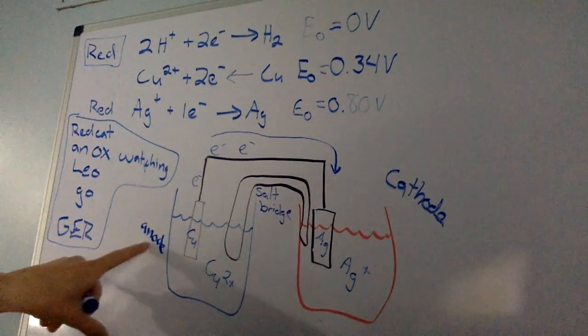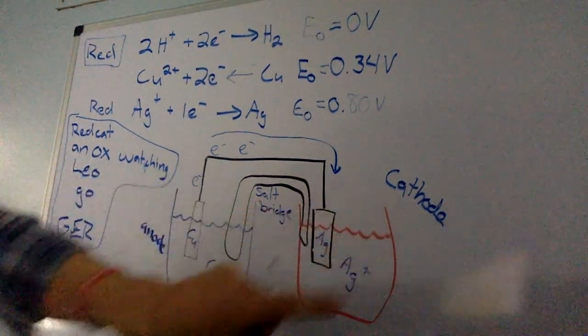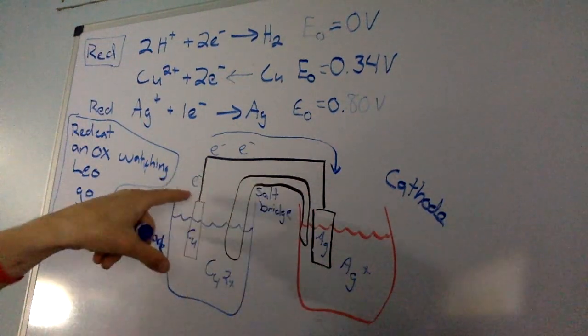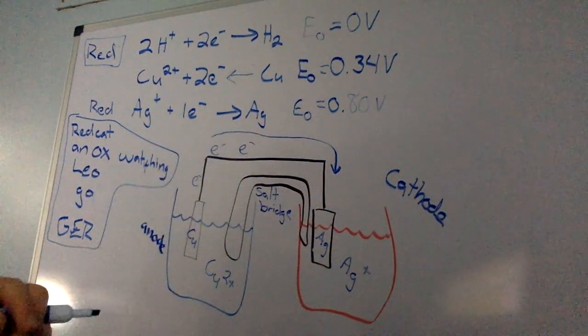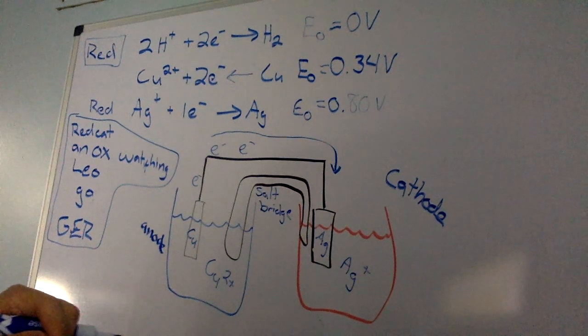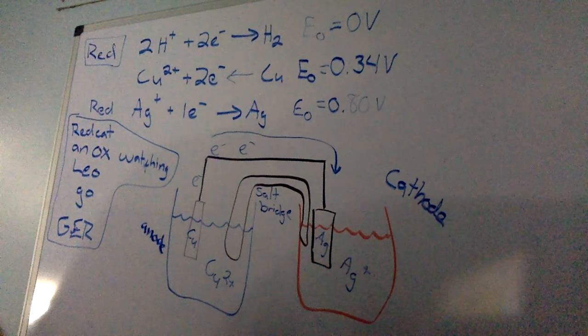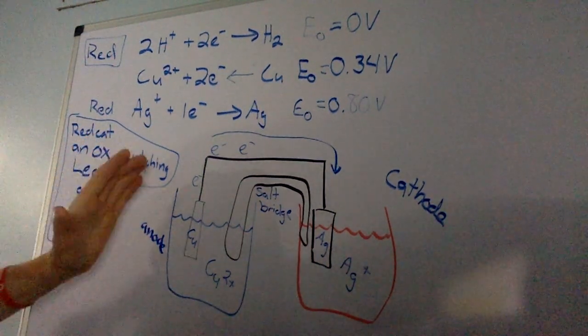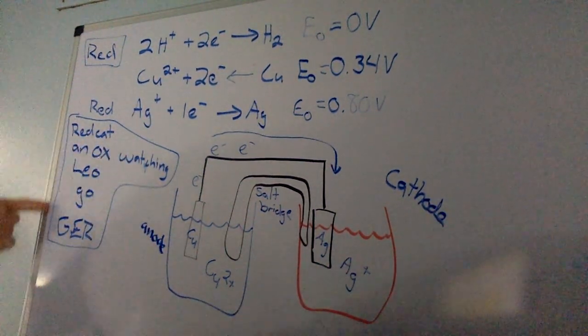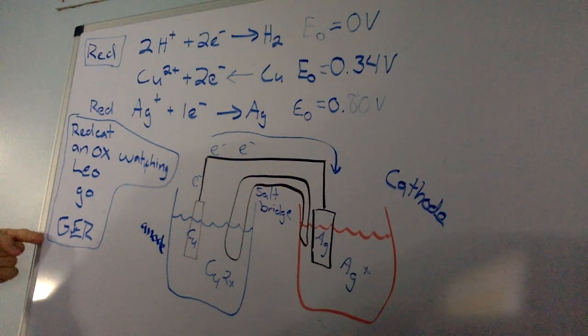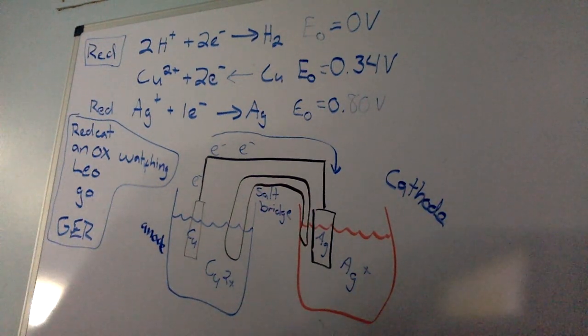Okay, so we have our anode, we have our cathode, we have a salt bridge, and then we have a wire that connects our two metals. Okay, I think that is all of the pieces of our electrochemical cell. We have our whole phrase here that tells us all about what is happening with this reaction.